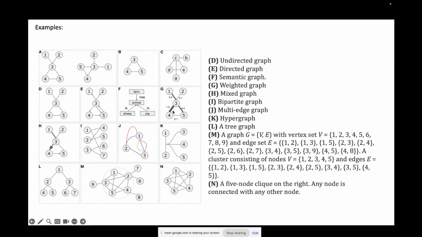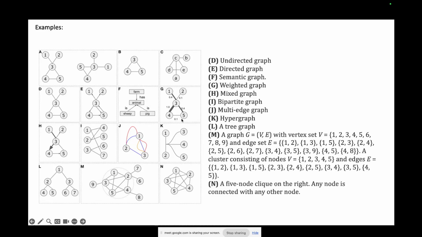So in this case also you have five nodes, 1, 2, 3, 4, 5, but the strength of the relationship between two nodes is denoted by the weight of the edges. In this case, the strongest relationship between all these nodes is between 3 and 4, with an edge weight of 1, and the lowest strength relationship is between 3 and 2 and 4 and 5, with 0.1.